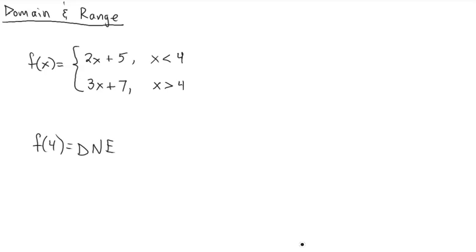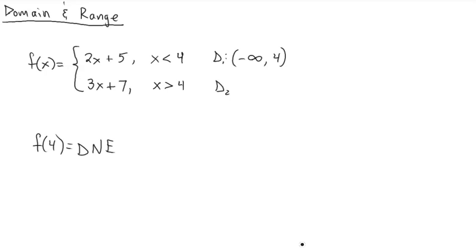So 4 is not in the domain of this function, and we can see that by identifying the domain. The domain of the first piece is all x values less than 4. That's negative infinity up to 4, but without a bracket. It's a parenthesis. This piece here is all x values greater than 4.